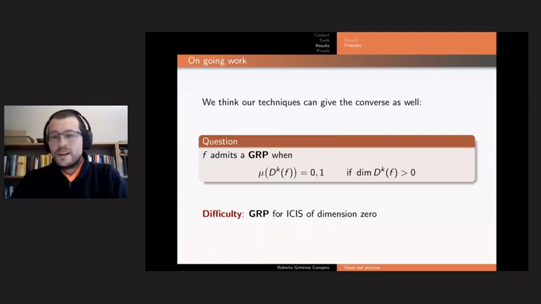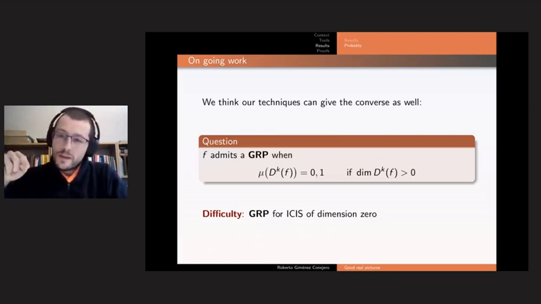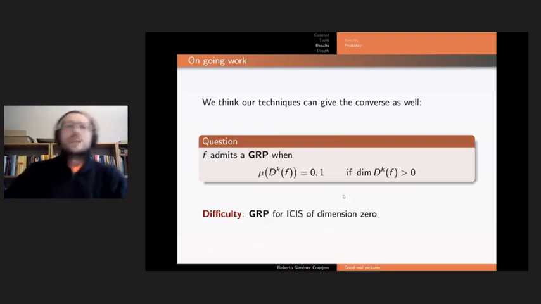There are results by Cisneros and other co-authors, for example. Well, we think that this problem of ICIS of dimension 0 is very related to these M-deformations. But this is just future work. And by the way, we also proved that any good real picture is an M-deformation in corank 1. Okay, let's continue.